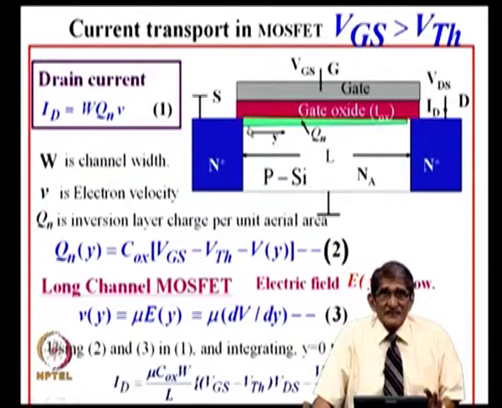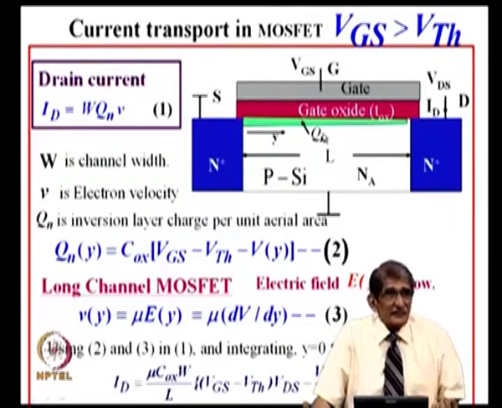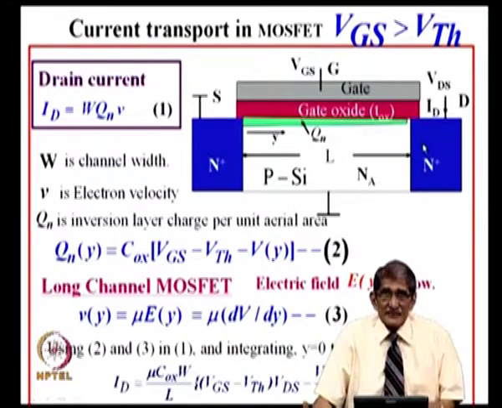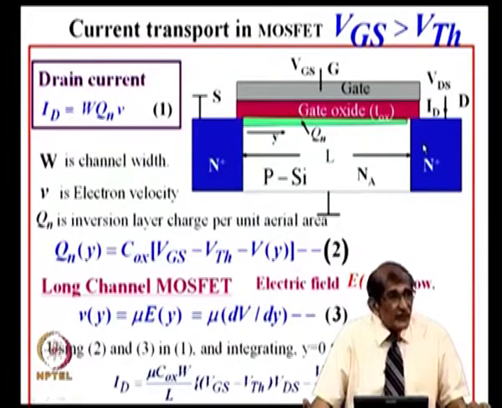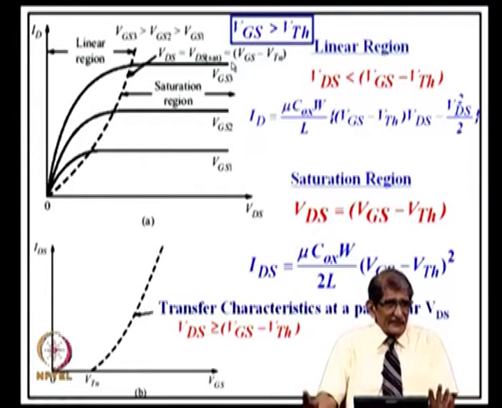That means the resistance is the same and the current is the same, because the rest of the voltage that you apply to the gate does not go into this channel, it goes into the depletion layer. Therefore, beyond that point the current saturates and is flat. It is an oversimplification, but that is a first order theory.